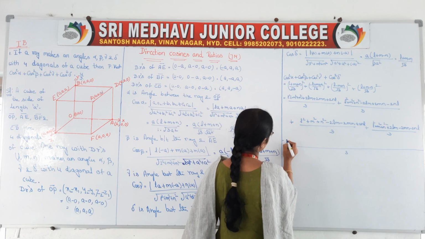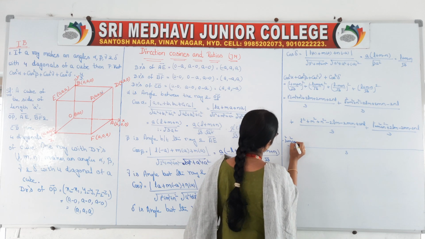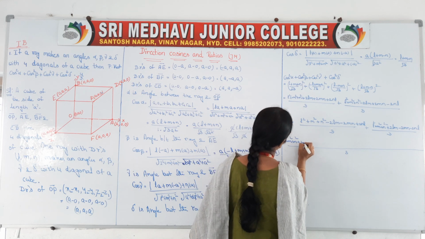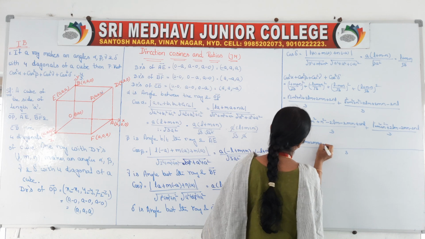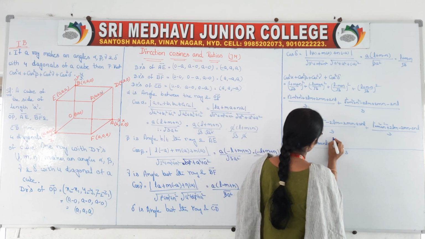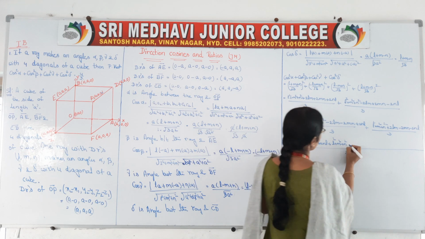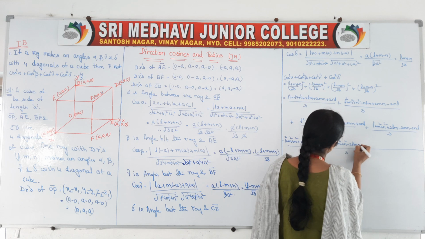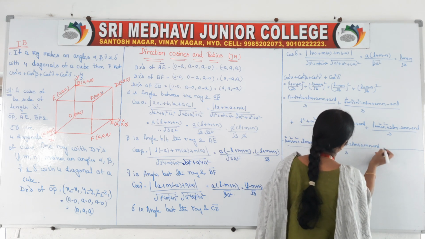So is equal to, write down l² + m² + n² + 2lm + 2mn + 2nl. Next, plus l² + m² + n² − 2lm + 2mn − 2nl.